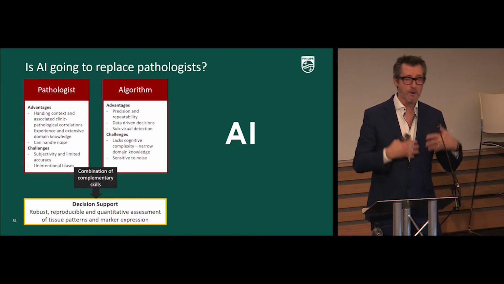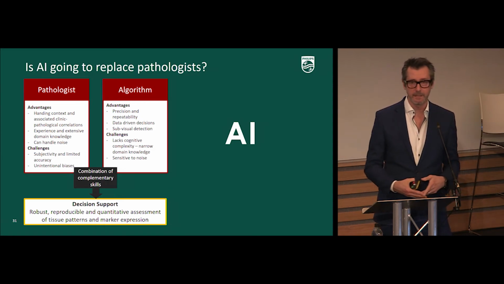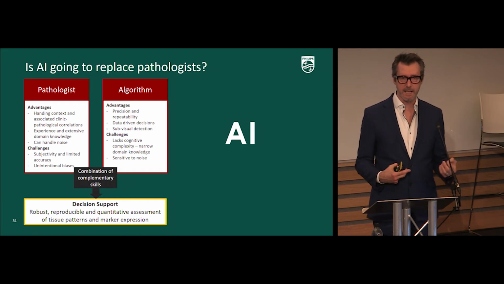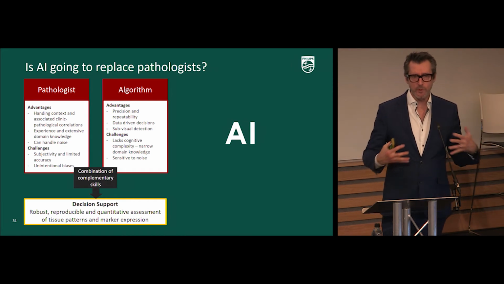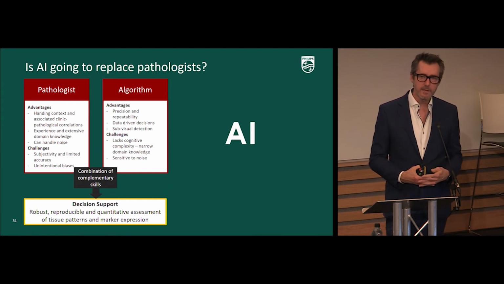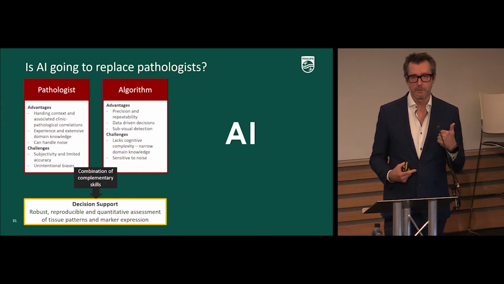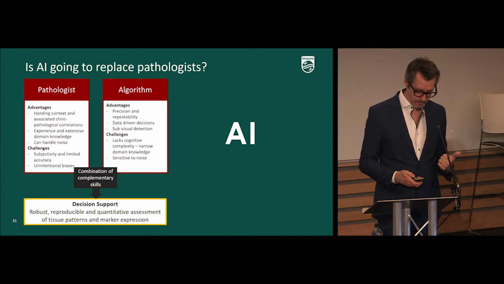Algorithms, as we know, have precision and reliability. The decisions are data-driven. They can detect things that just can't be seen by the naked eye. And it's really the combination of these complementary skills, the integration of human and machine, that I think is going to make a massive difference to our ability to make reliable diagnostic decisions.